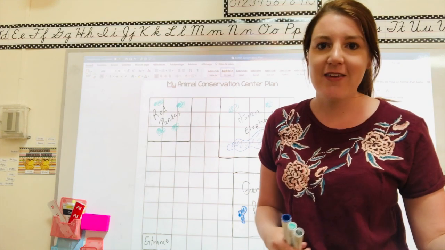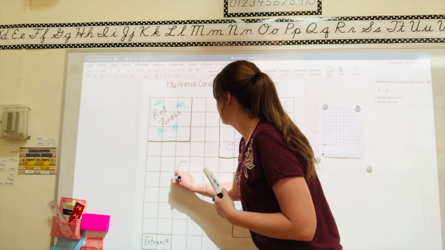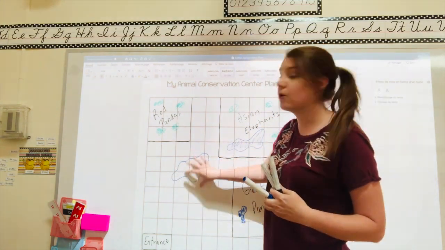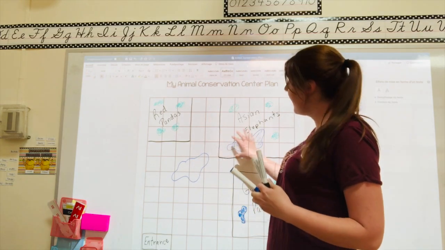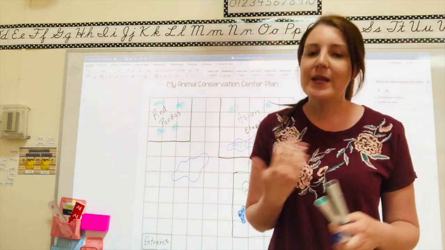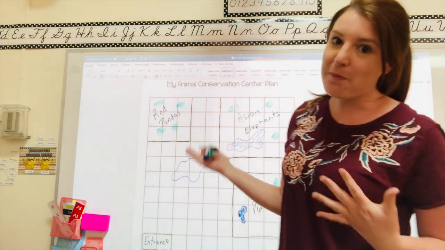And then you have to tell them, be careful because there is a lake right here, so you can't walk in the lake. How could you get to the Asian elephant without walking in the lake? You can really have fun and question your family once you're done with your plan.